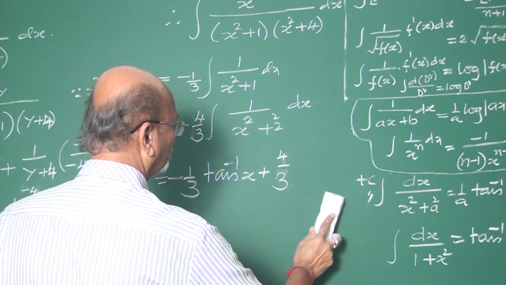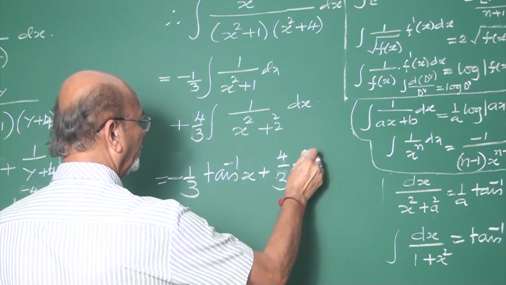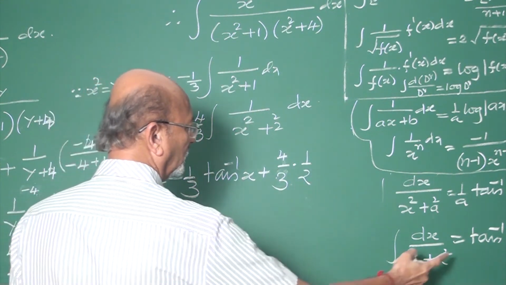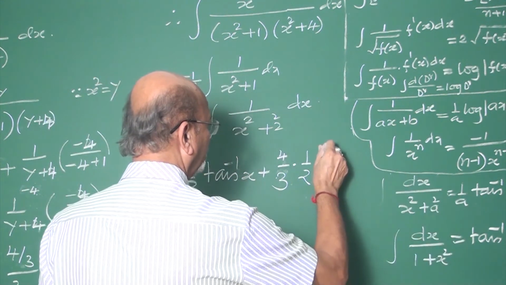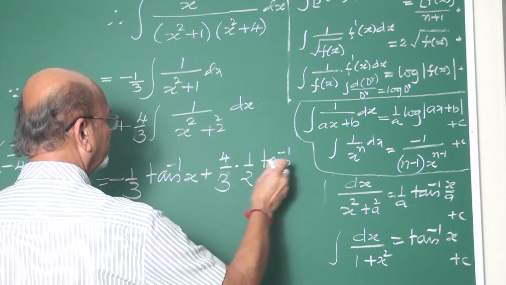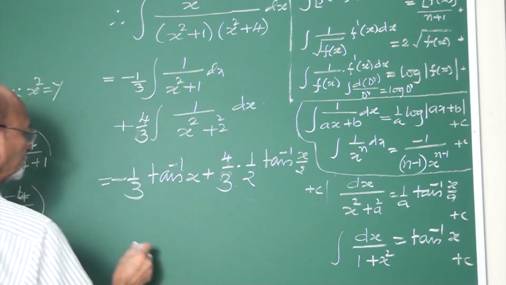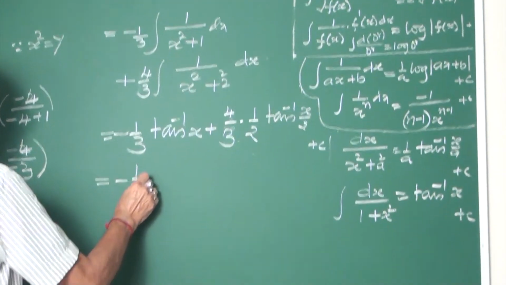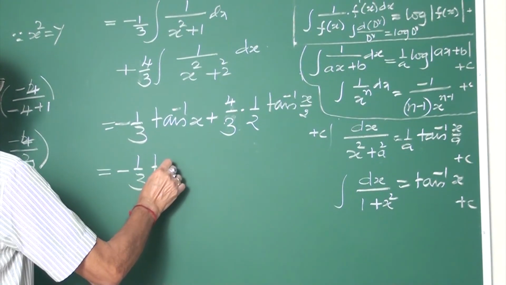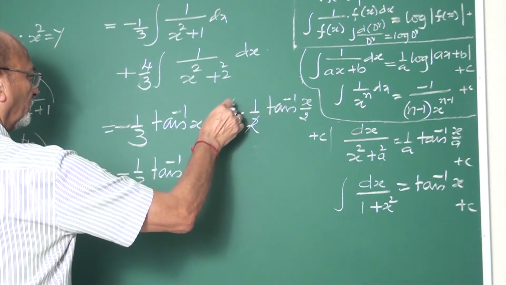My friend, still you have to write one more step. 4 by 3, 1 by a, tan inverse x by a, plus c. Simplify it. Minus 1 by 3 tan inverse x. 2 cancels, my friend.